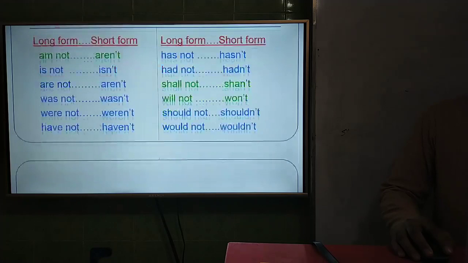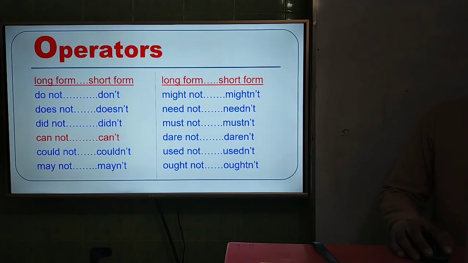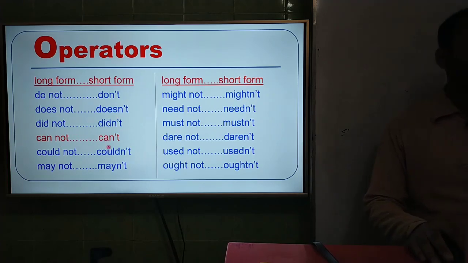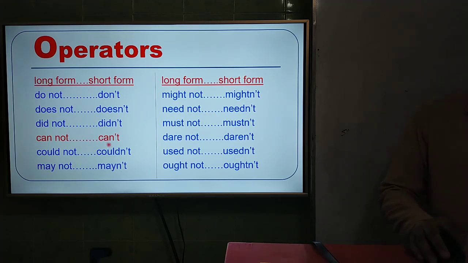And then the next operators: do not is don't, does not will be doesn't, did not will be didn't, cannot will be can't. This is also a different one. You will use only a single N for the short form.